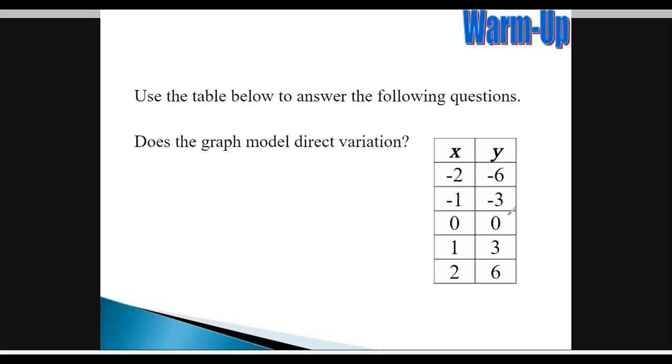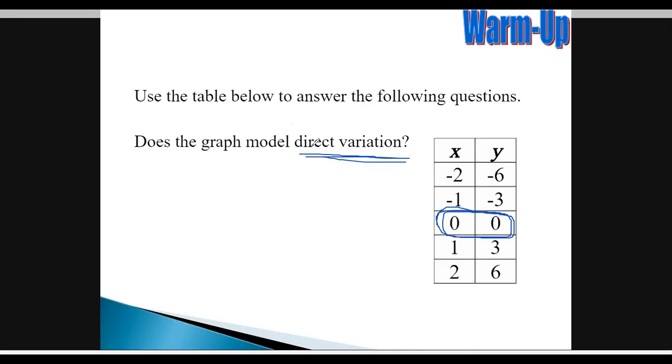Look here, we have 0 and 0, right? So first, the y-intercept will be 0. To say that it's a direct variation, for sure the y-intercept should be equal to 0. So this is the first point we have to check.